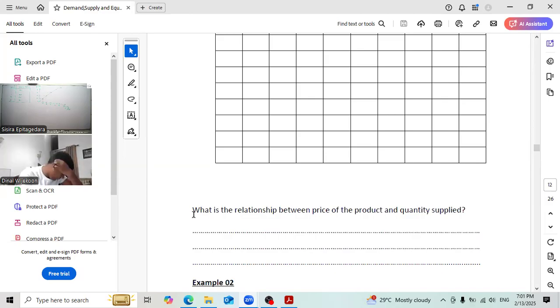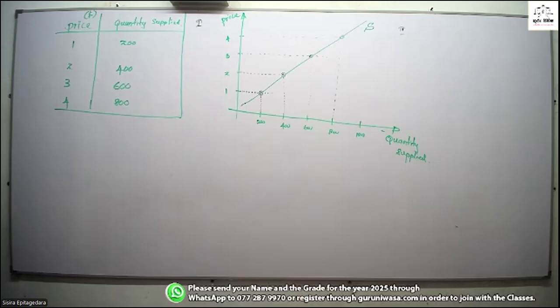Okay, you can write down answer for second question. This is the first part. Second one is asking the relationship between price and quantity supplied. My dear students, when price of the product increases, quantity supplied also increases, right?